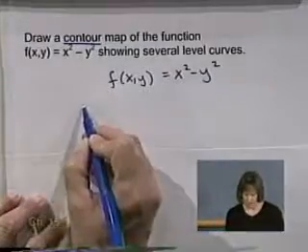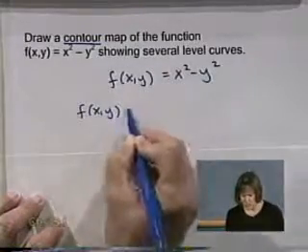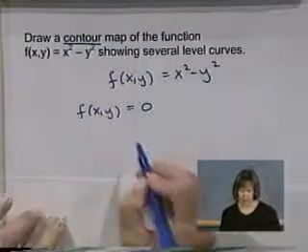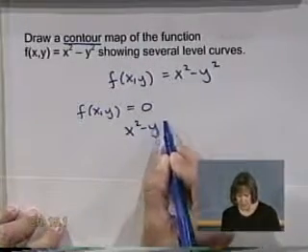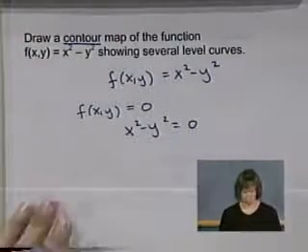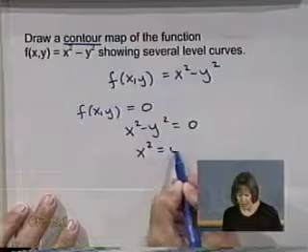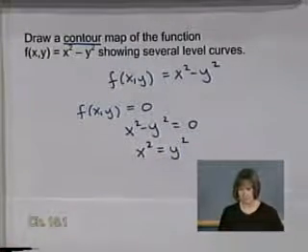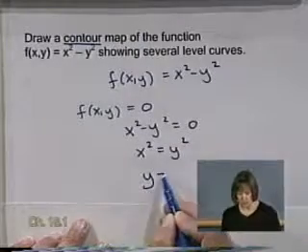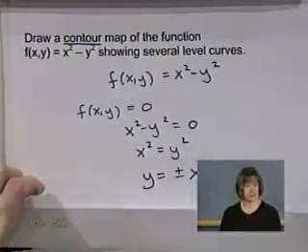Notice, what if I want f of xy to be 0? Let's do that level curve first. I'd have x squared minus y squared is 0. This one gives students a lot of trouble. What does the graph of x squared equal y squared look like? It's two straight lines. Take the square root of both sides, you'd have y equals plus or minus x.